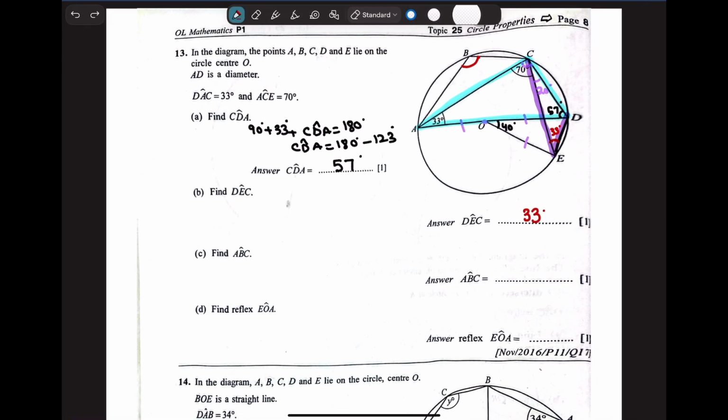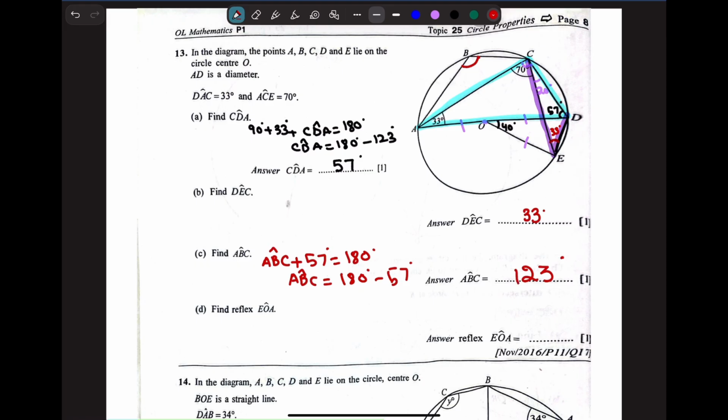So angle ABC plus 57 should be 180, because opposite interior angles of a cyclic quadrilateral are supplementary. So angle ABC is going to be 180 minus 57, which gives us 123 degrees.